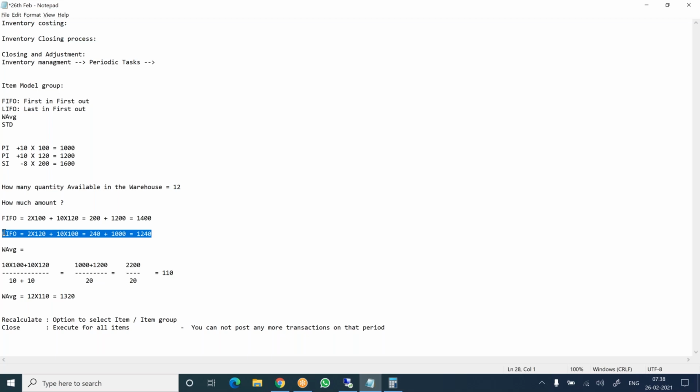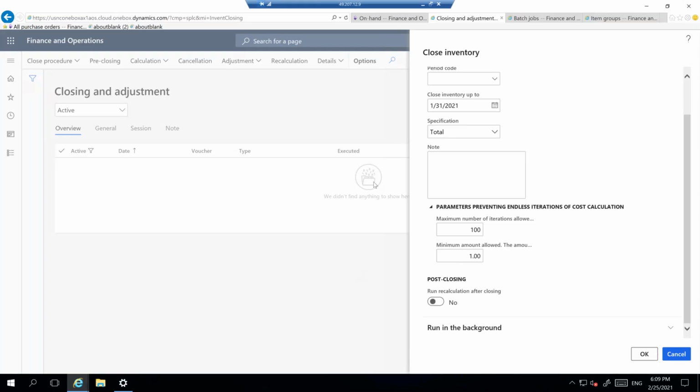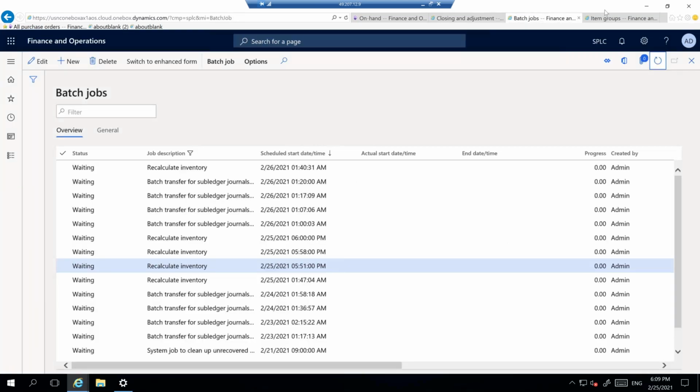Satya, can you please go to inventory model groups? I would like to see how those FIFO, LIFO are set up.